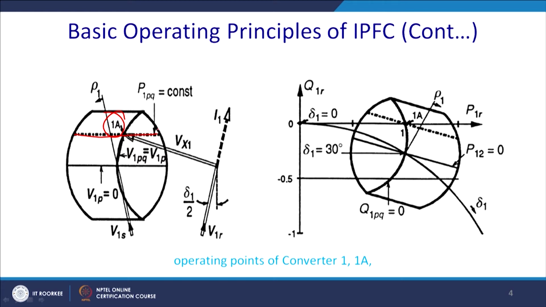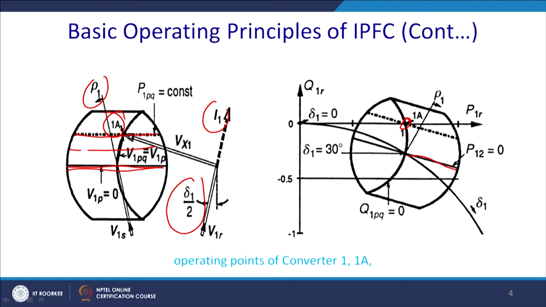As said earlier, when there is no exchange of real power, this is the line, and ultimately this is the rho, and this will be a different chord where the value of P1Q is constant, and this is the I1, and this value will be Vx1, and this angle is delta 1 by 2. So, let us assume this point is A1.